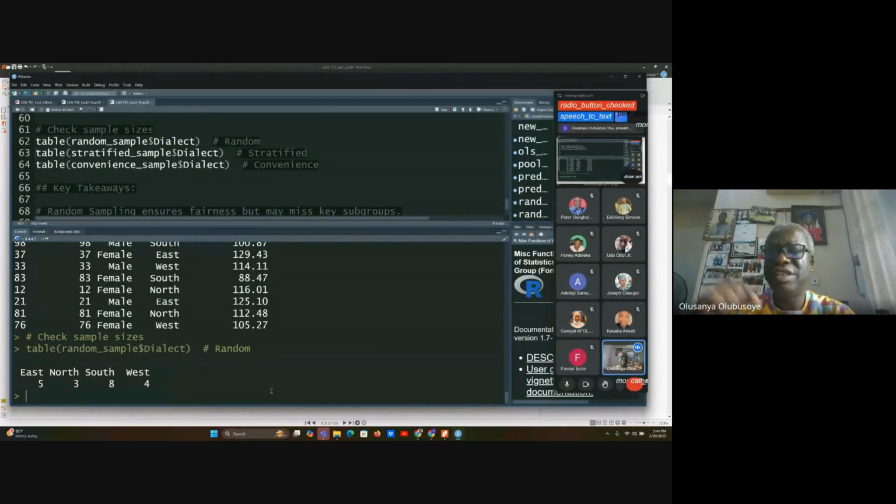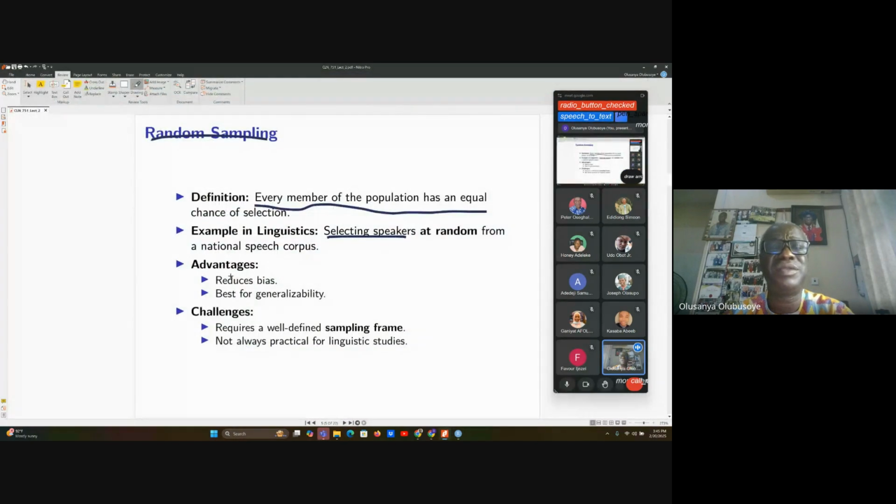Not just that individuals are given equal chance, but the constituent parts, the groups, the distinct components are also fairly treated. So that takes us to stratified sampling, which I will talk about in a moment.